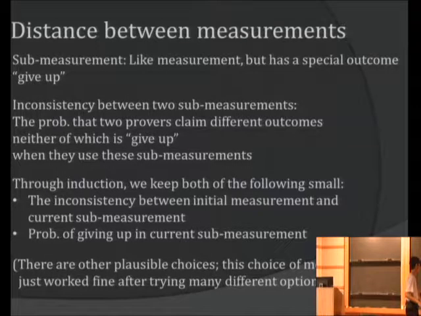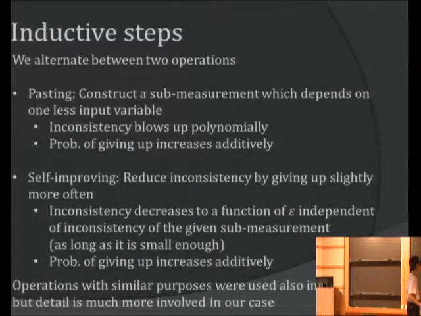And we repeat two different operations on the submeasurement, one of which reduces the dependence on one variable, but the inconsistency blows up polynomially. So if we repeat this n times, we get exponentially large inconsistency, so it's not useful alone.